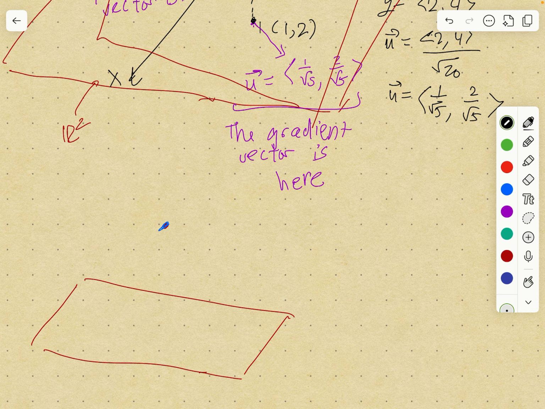When you go down, you're at this point 1, 2, and you have this vector, which is u, and then you take a slice along this plane. So you're on this paraboloid.